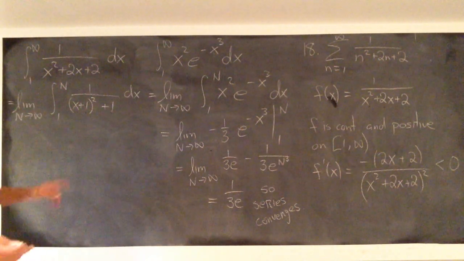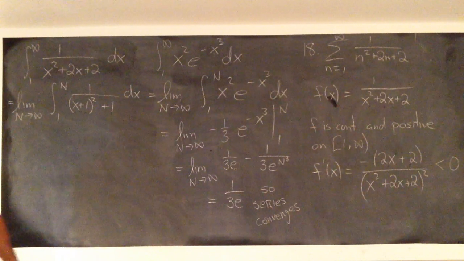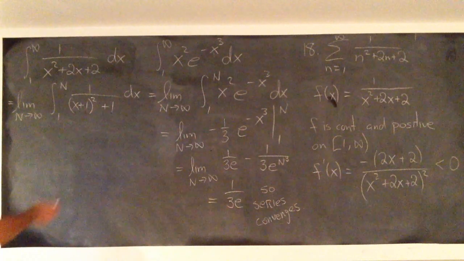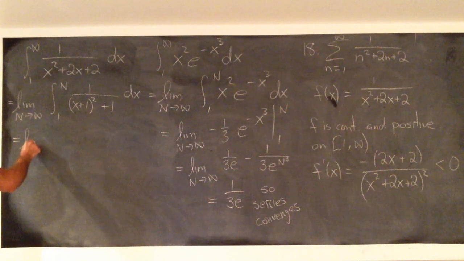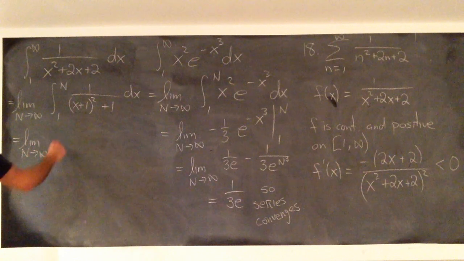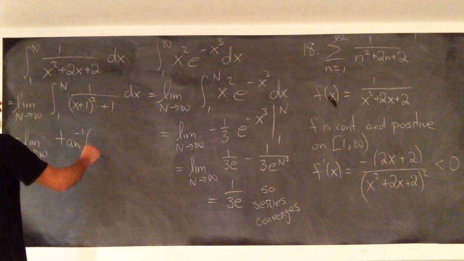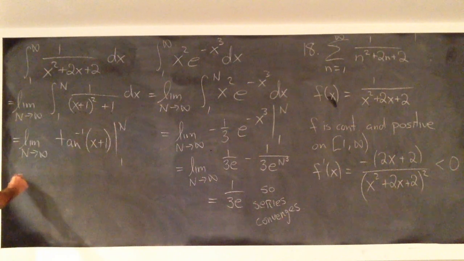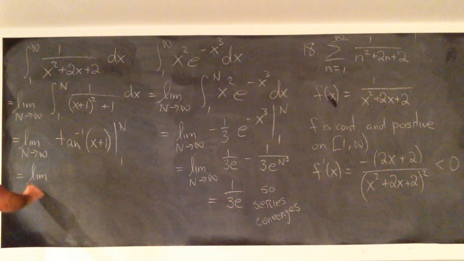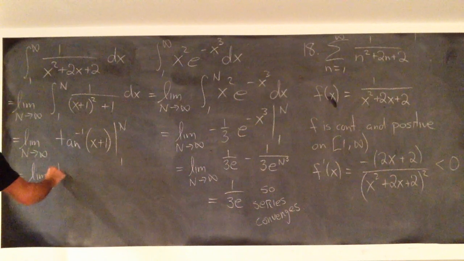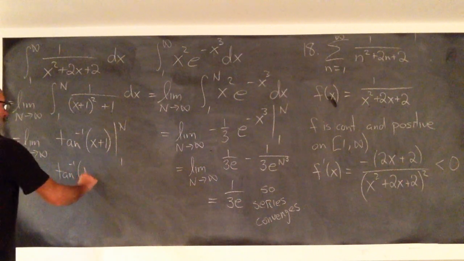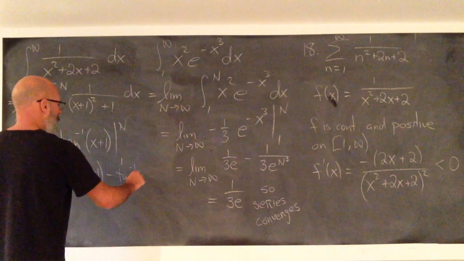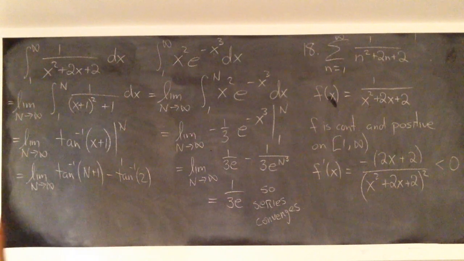So, very nice. Now I'm sure you can read off the antiderivative. Simple u substitution, u equals x plus 1, gives you 1 over u squared plus 1, which is arctan u. So this is just arctan of x plus 1, which is arctan of n plus 1 minus arctan of 2.